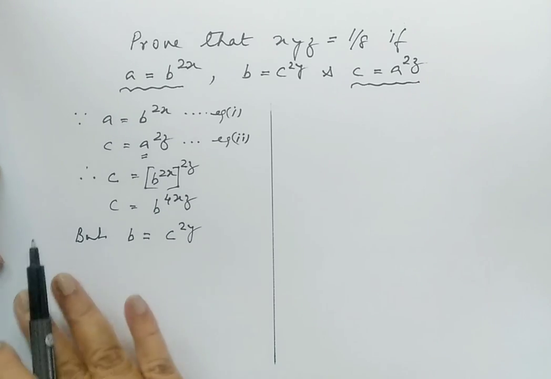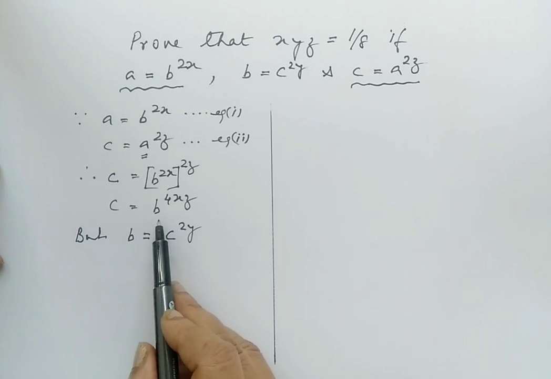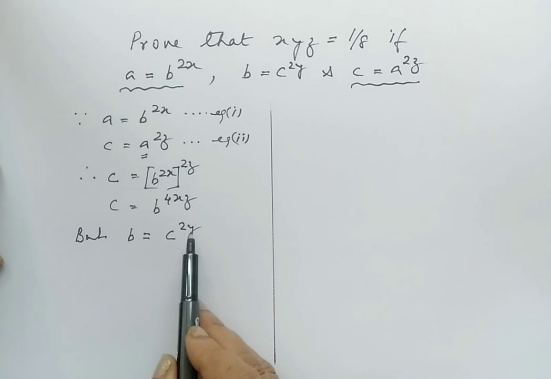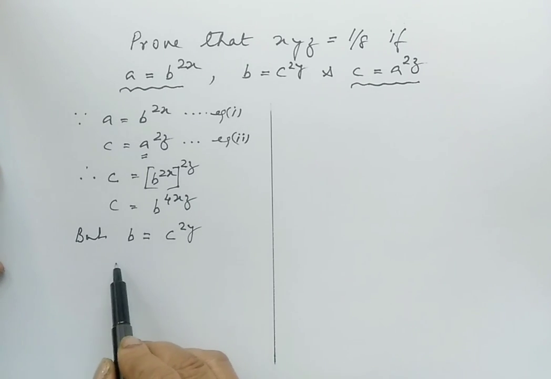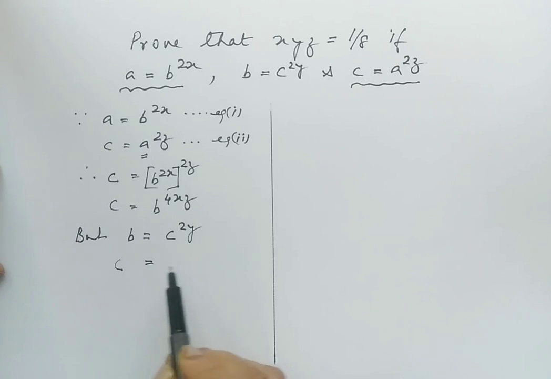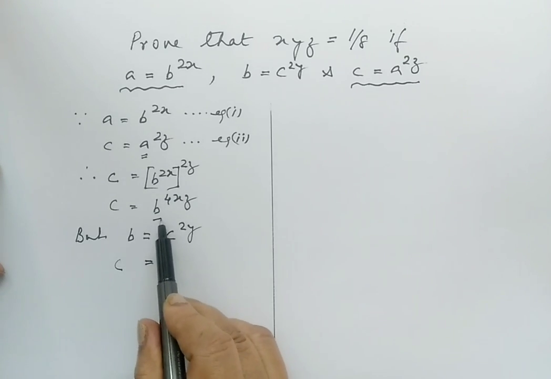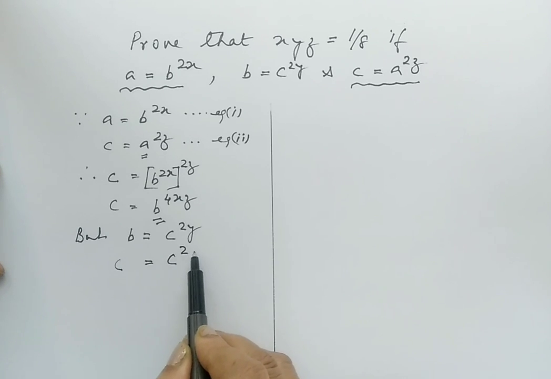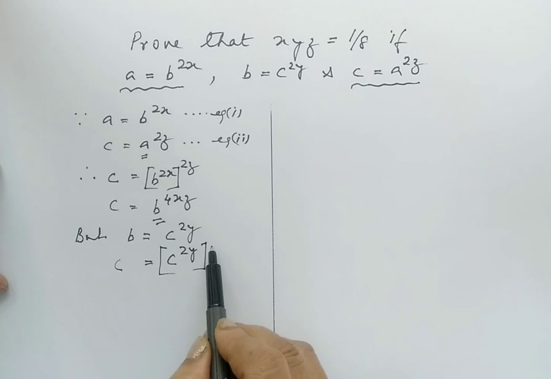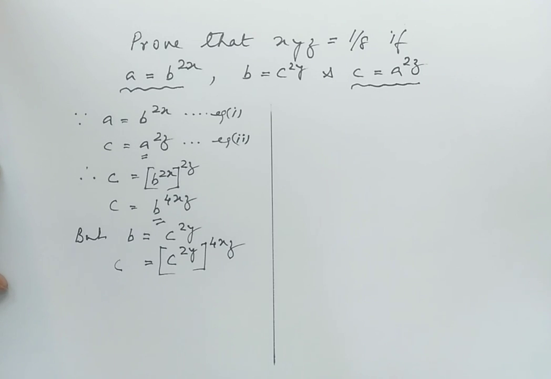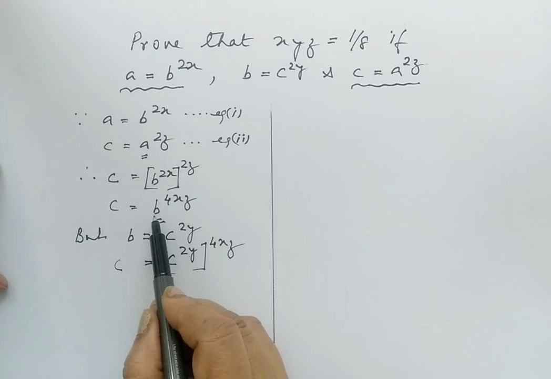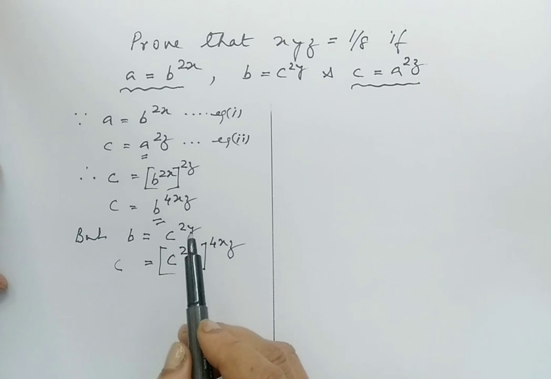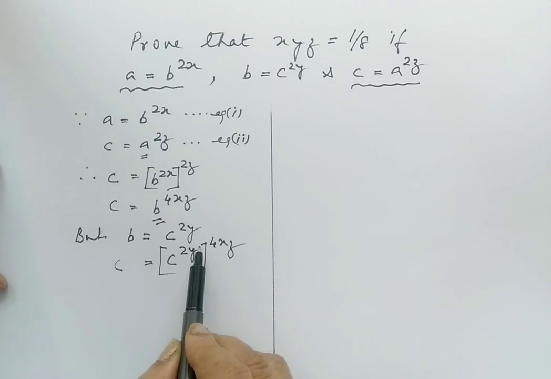I think the ideal would be if we put substitution of the value here. Correct? So let c be fixed there, and let's write in terms of b the value of c to the power 2y, and this is the next one. So we have 4xz already there. Correct? We wrote only the value of b, which is from this.